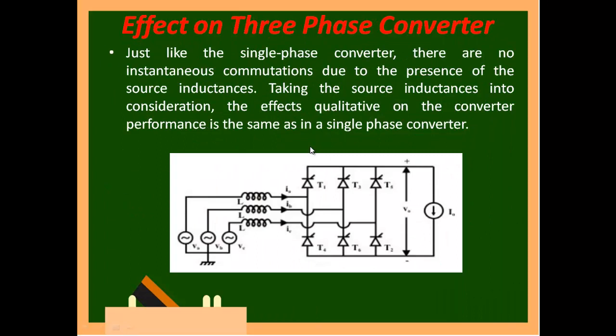Similarly, the effect on a 3-phase converter. Just like a single phase converter, there is no instantaneous commutation due to the presence of source inductance. Here it is more complicated. When T1, T4, and T5, T2, these four switches try to turn on at a particular time, there will be a line to line short.